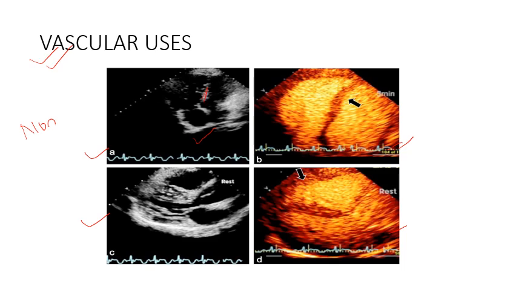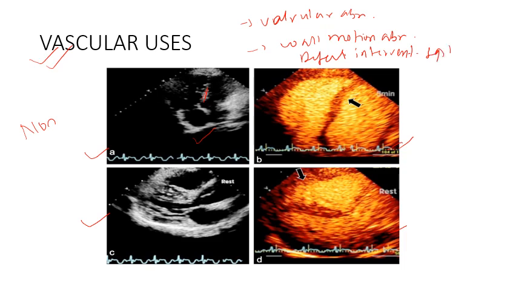Because whenever you want to assess valvular abnormalities, you want to see the wall motion abnormalities, you want to see defect in the interventricular septum, you need to see the septum very clearly, you need to see the walls very clearly.